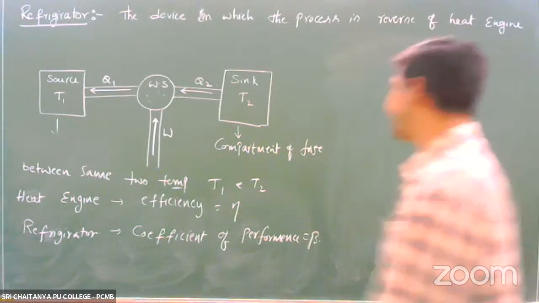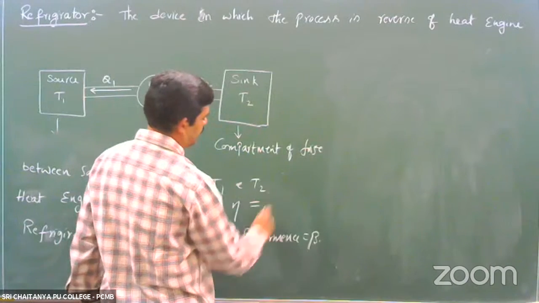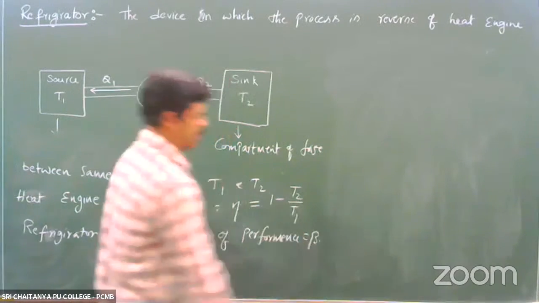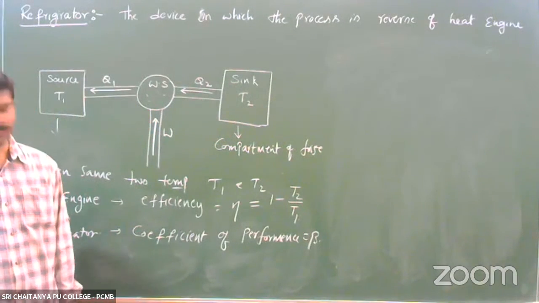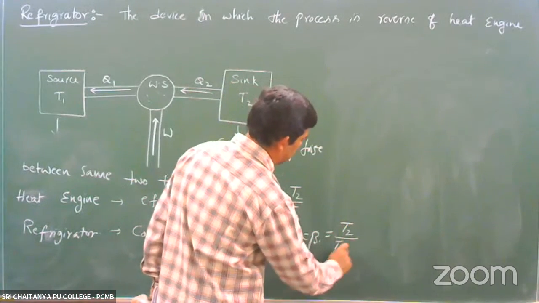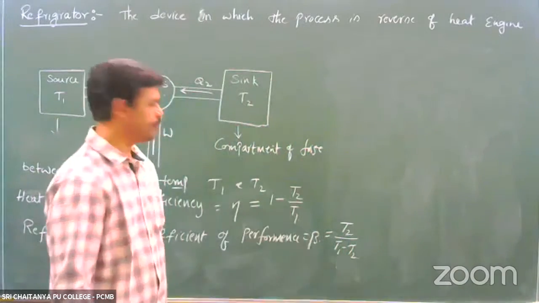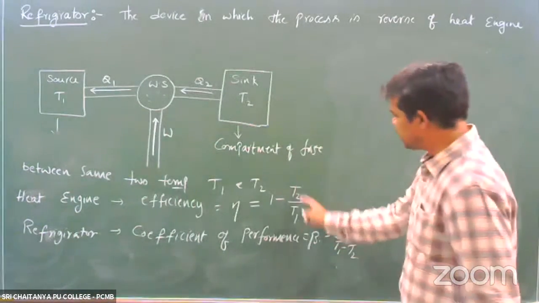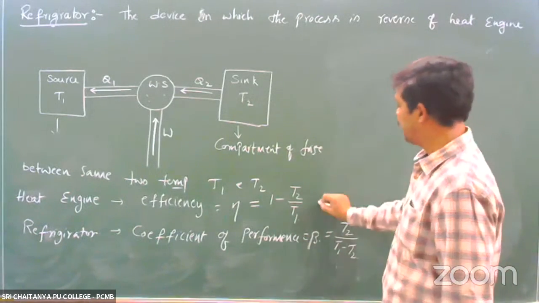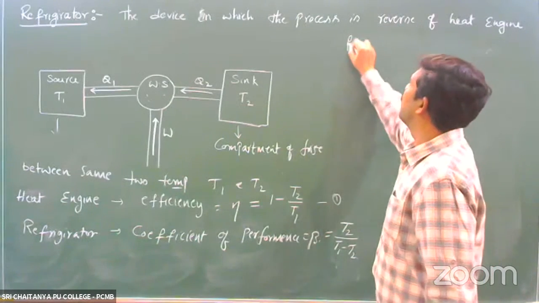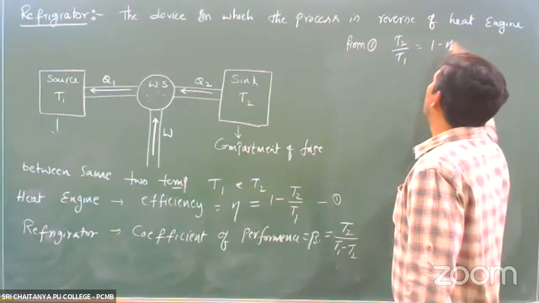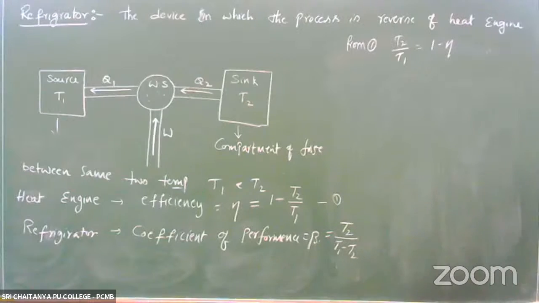Eta formula is what? 1 minus T2 by T1. You have this formula? Beta formula is what? Okay. From this, T2 by T1 you can write as 1 minus eta.